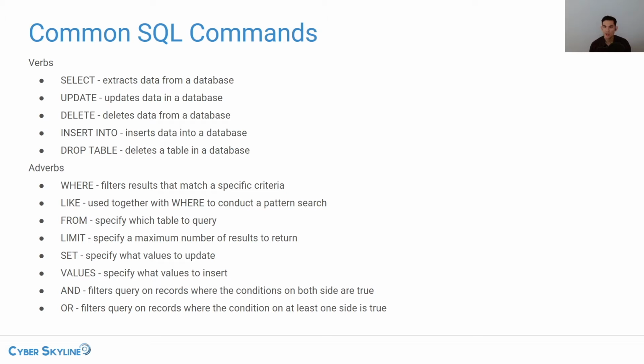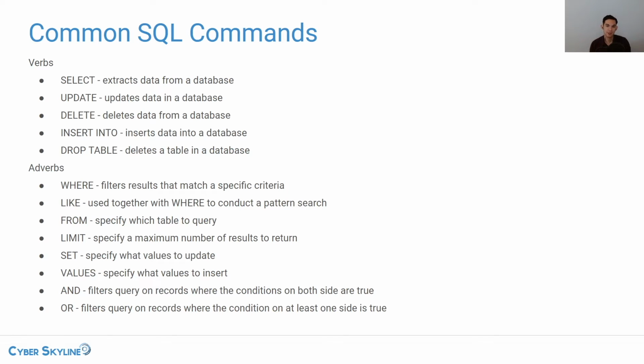So let's just say we want to specifically only get records for users with a specific requirement. Let's say we want to filter all users with a specific email address. We could do a select and then say where, and then we can say email address equals, and then your specific email address there. That lets you do a filtering.